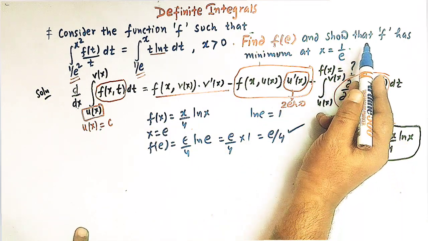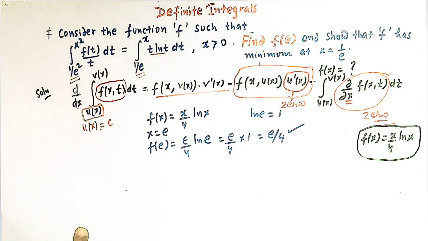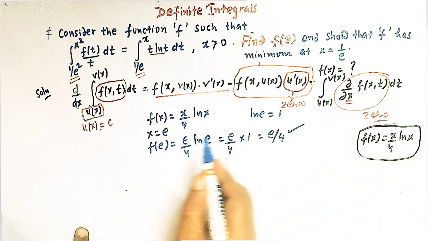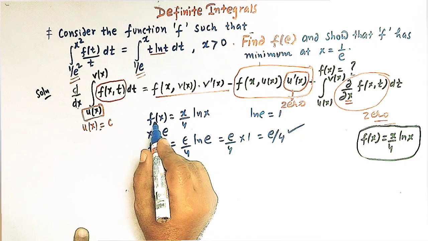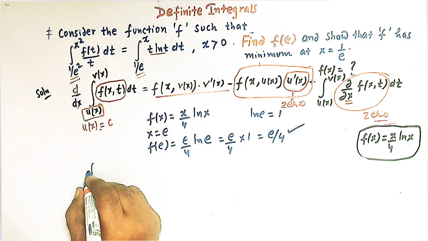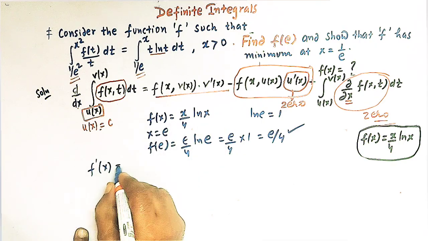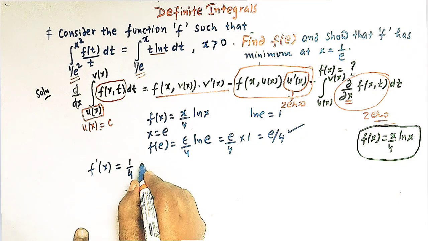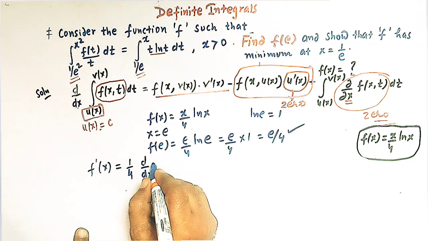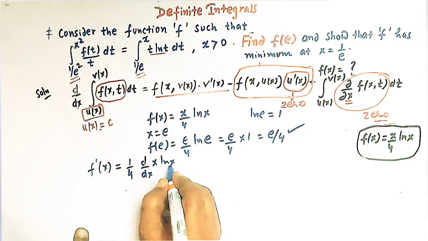Now we have to show that f has a minimum at x is equal to e. So for this, let us differentiate f of x. So we have f prime of x is equal to 1 over 4 and d by dx of x times natural log of x.